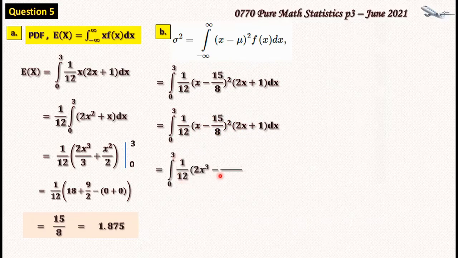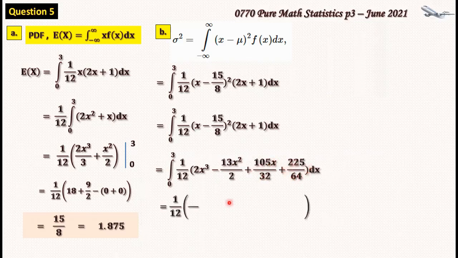So this will give us 1 over 12 into 2x cubed minus 13x squared on 2 plus 105x on 32 plus 225 on 64 dx. Integrating this will give us 1 over 12 into x to the power 4 on 2 minus 13x cubed on 6 plus 105x squared on 64 plus 225x on 64.